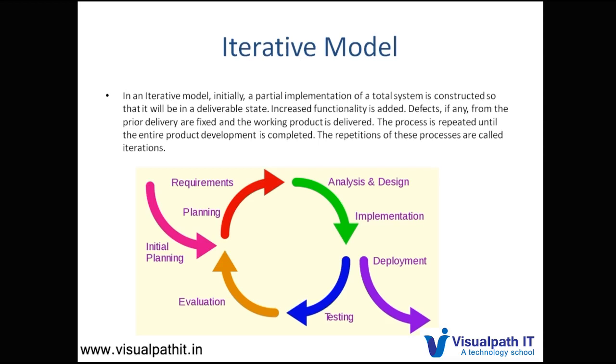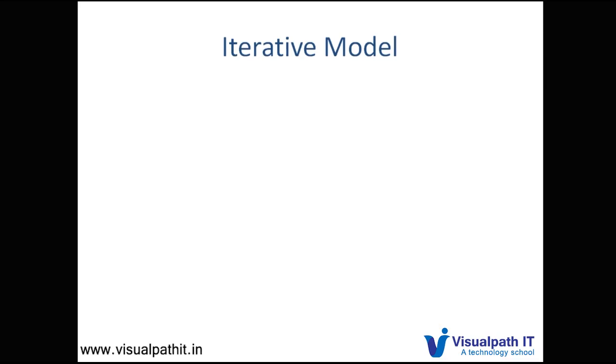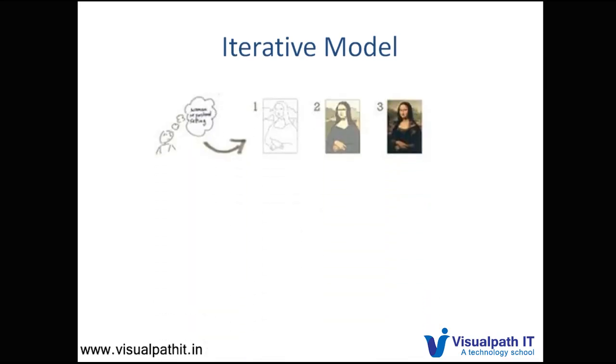So whatever the first deliverable we are giving, if the customer is not satisfied, they want some modifications, we will do it, and we will again get it evaluated. So it is something like that.